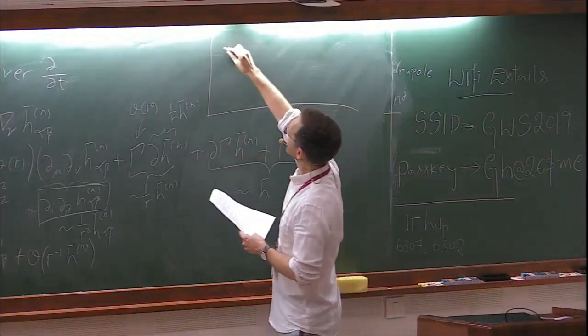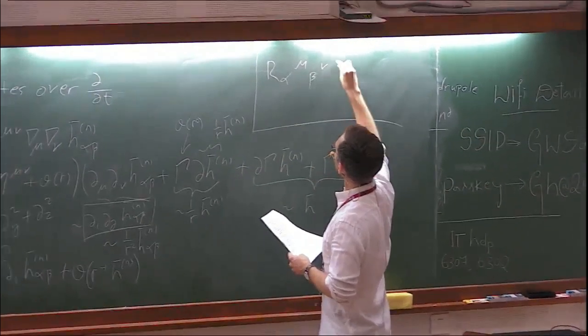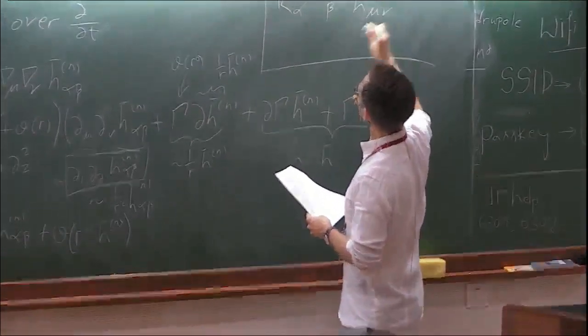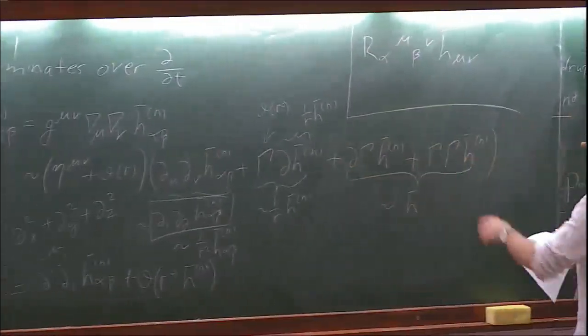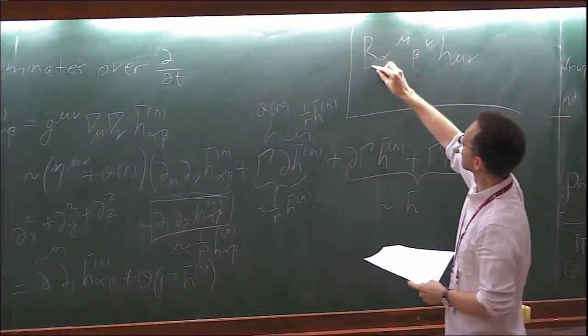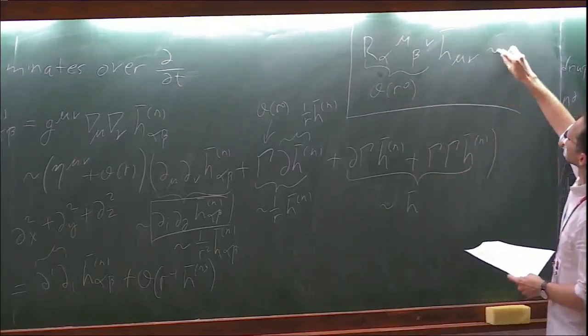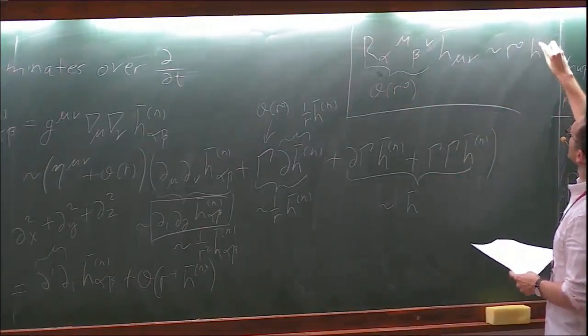So you also have that Riemann term in these wave equations. The Riemann tensor is again order r to the 0, so this is order r to the 0 times h bar.